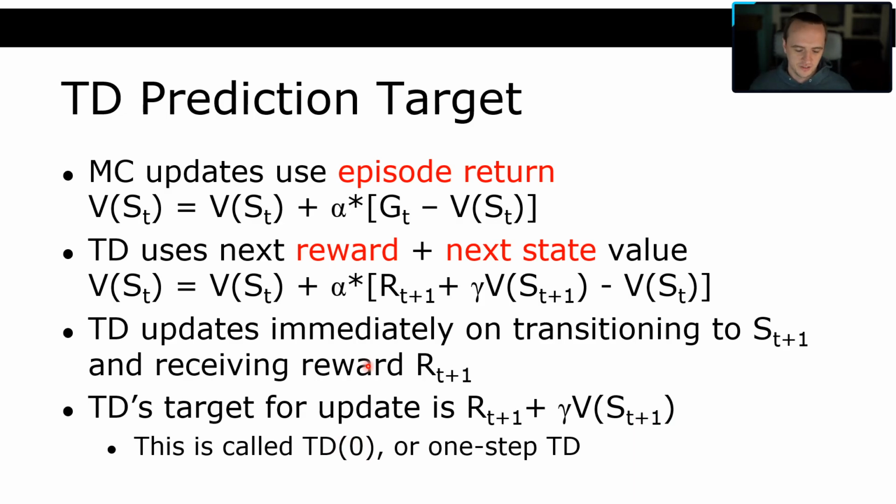We're not going to get into TD lambda in this course. I have other things after this lecture that I want to teach you, but just be aware that that sort of thing exists. So what TD0 means is that we're going to look at the next reward and the value of the next state. And if we look at this, this is actually very similar to the Bellman equation. So this comes from the Bellman equation and the dynamic programming update formula.